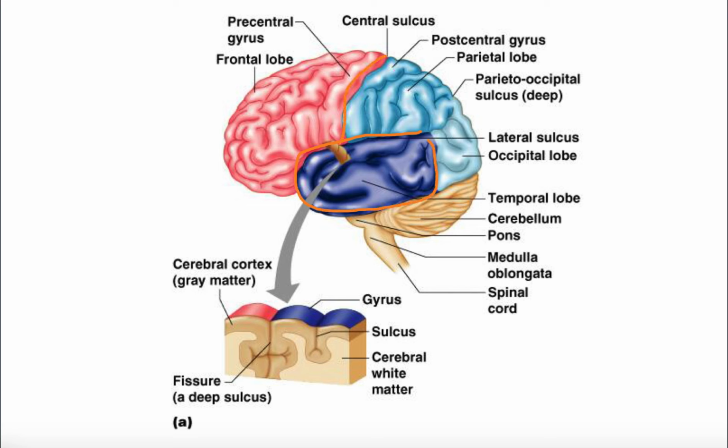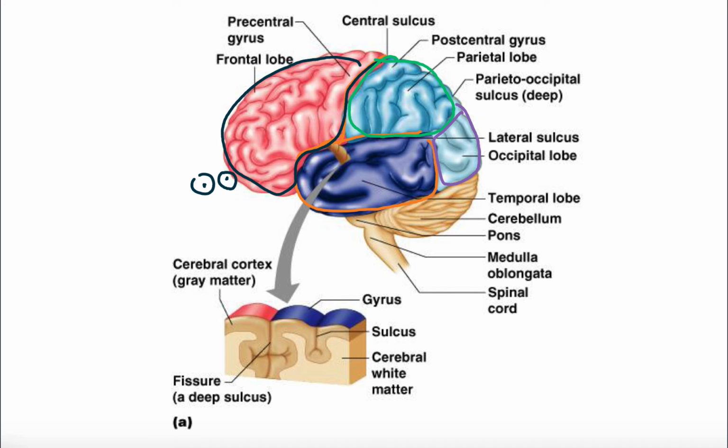The front of your brain, the pink part, is your frontal lobe, so imagine your eyeballs are over here. This section over here is your parietal lobe. And then this back section over here is your occipital lobe.